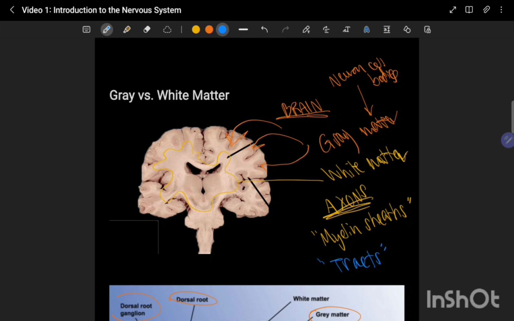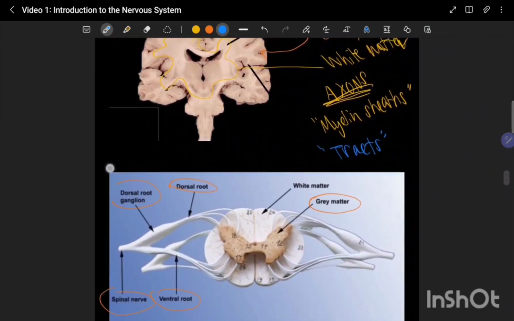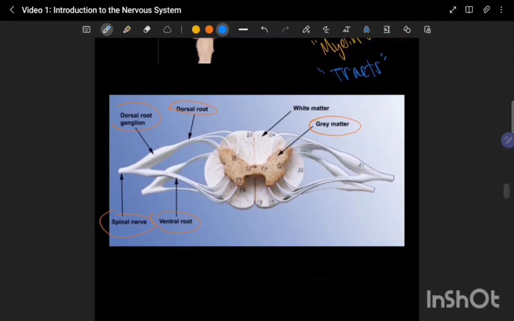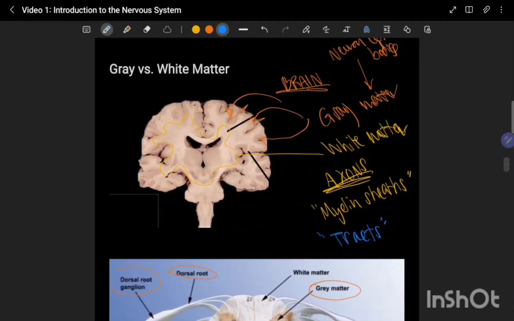When we're talking about everything outside of the brain, we refer to these as nerves. So when we talk about the spinal cord, we have spinal nerves, not tracts. It's the same material, but we need to be careful about which term we're using, nerve versus tract, when we're talking about the spinal cord or the peripheral nervous system versus the brain.